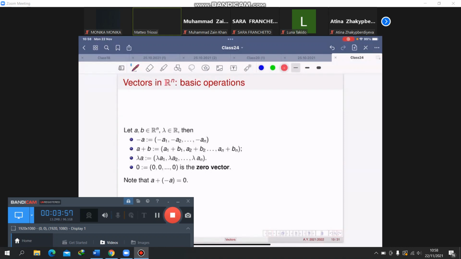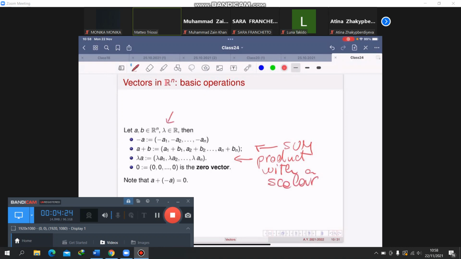They are the sum and the multiplication, or even shorter, the product with a scalar.